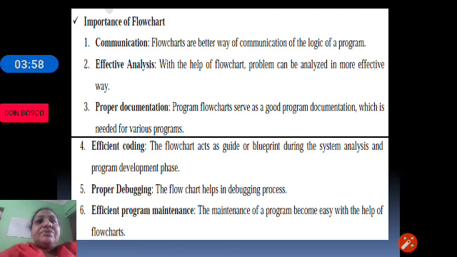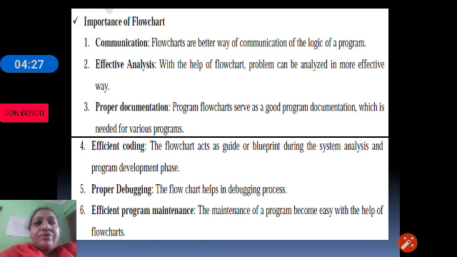Communication. Flowcharts provide a better way of communication to understand the problem. Effective analysis. With the help of a flowchart we can analyze the best way to solve the given problem. Proper documentation.